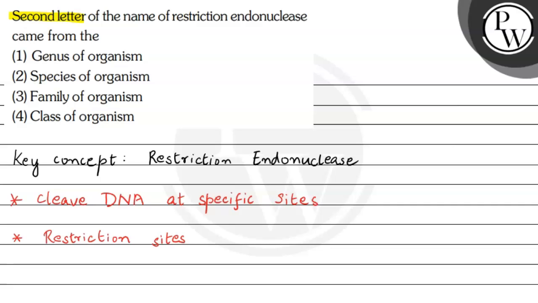Now, restriction endonuclease was first discovered in bacteria. This is a protective mechanism present in bacteria against bacteriophages.